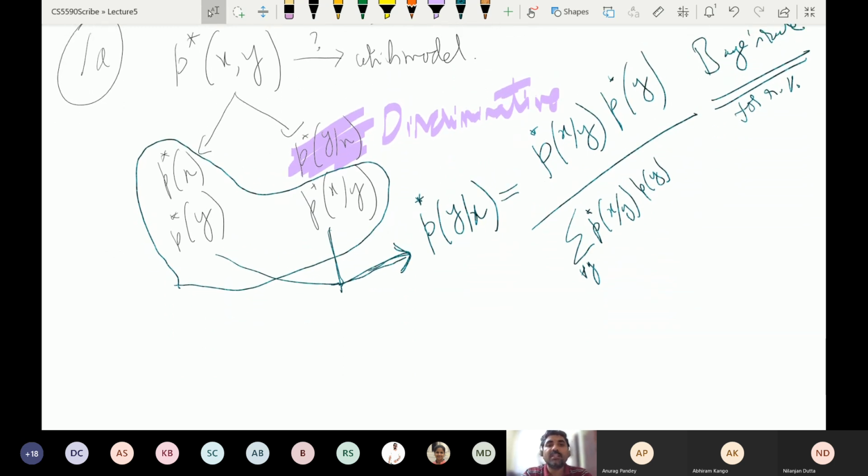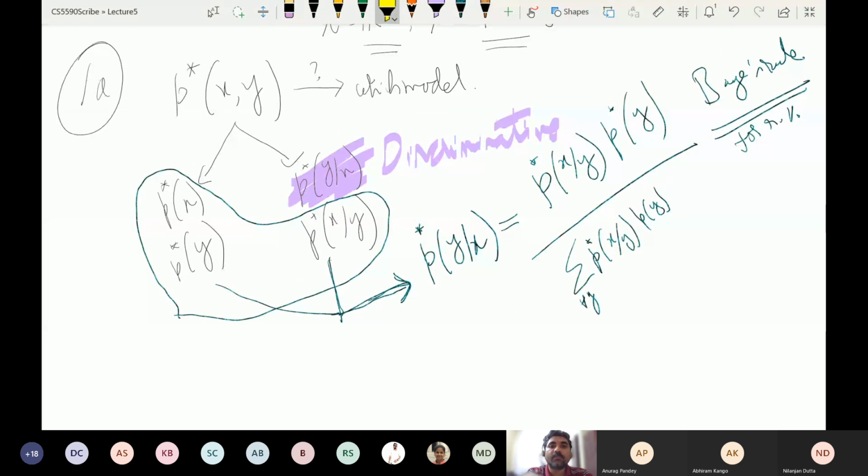What we just said is, suppose you model the class conditional likelihoods, and suppose you model the likelihood of the outputs, the marginal of the output. Then you can of course compute the other marginal.